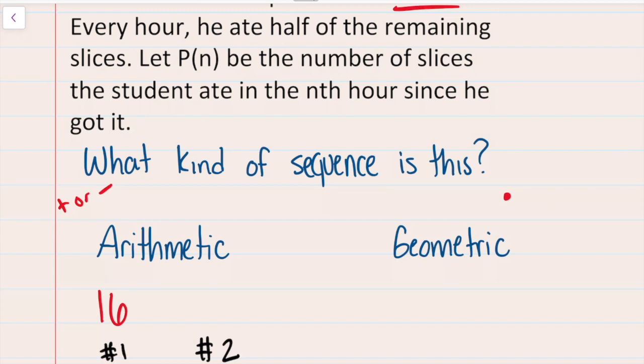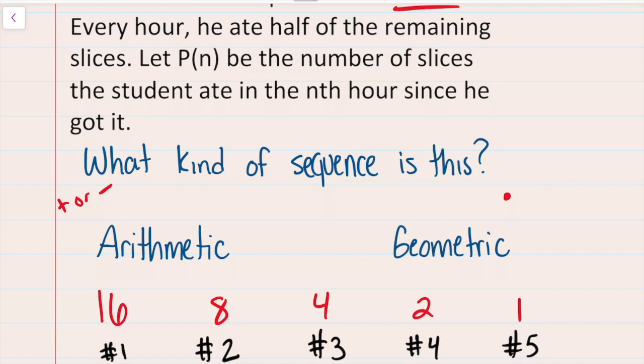Well, what's half of 16? Half of 16 will be 8. And then if we go to the third term or the third hour, half of 8 is 4. When we go to the fourth term or the fourth hour, half of 4 is 2. And let's just do one more for fun. In the fifth hour, we have ourselves 1, right? Because we're going half of half of half.